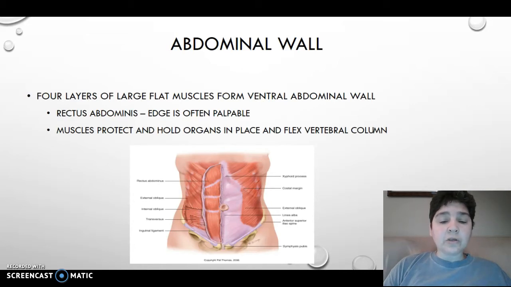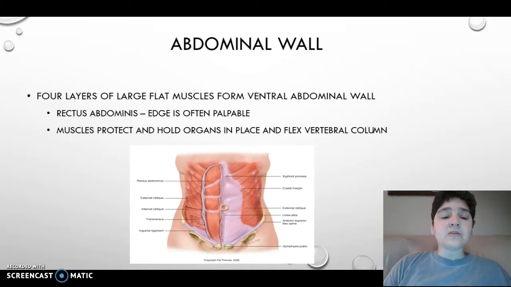Right below you will see the rectus abdominis runs really close to that midline of the body. So if you were to draw that line going down the sternum and go off to the right, you would run into those rectus abdominis muscles.